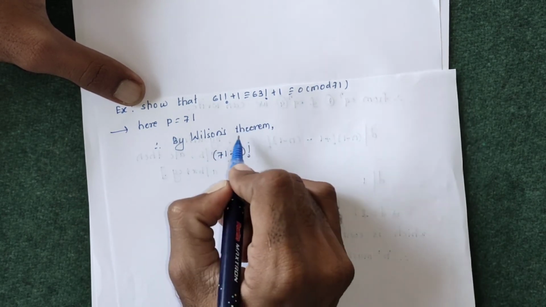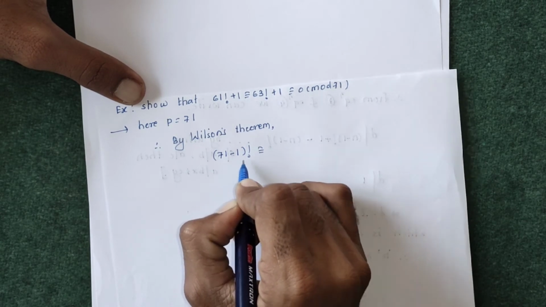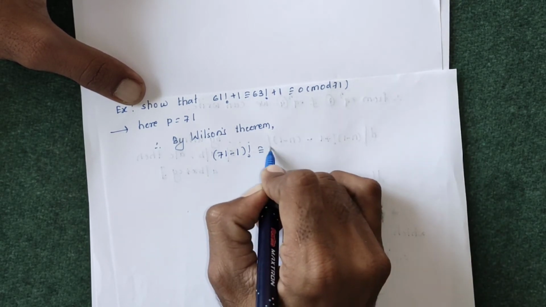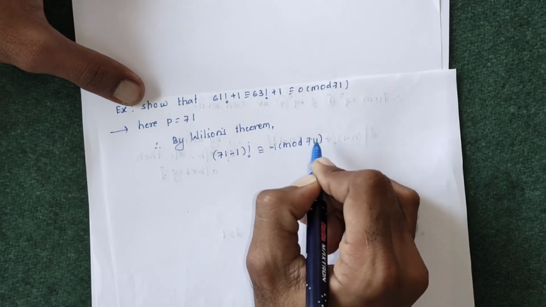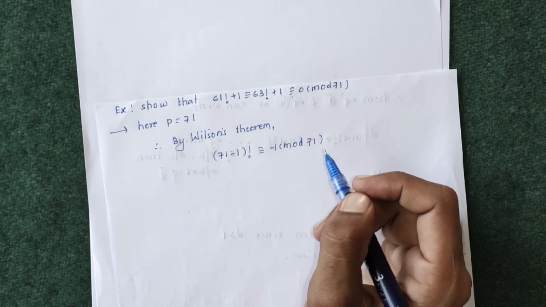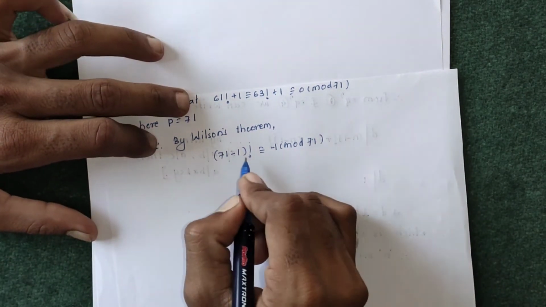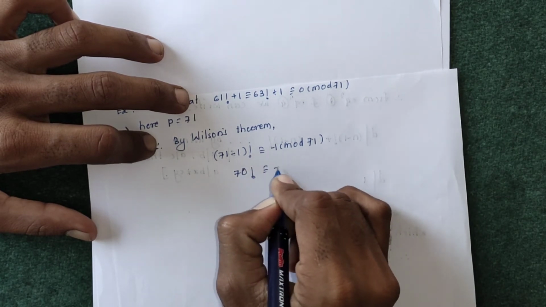Wilson's theorem states that if p is prime, then (p minus 1) factorial is congruent to minus 1 mod p. So (71 minus 1) factorial is congruent to minus 1 mod 71. That is, 71 minus 1 is 70, so 70 factorial is congruent to minus 1 mod 71.